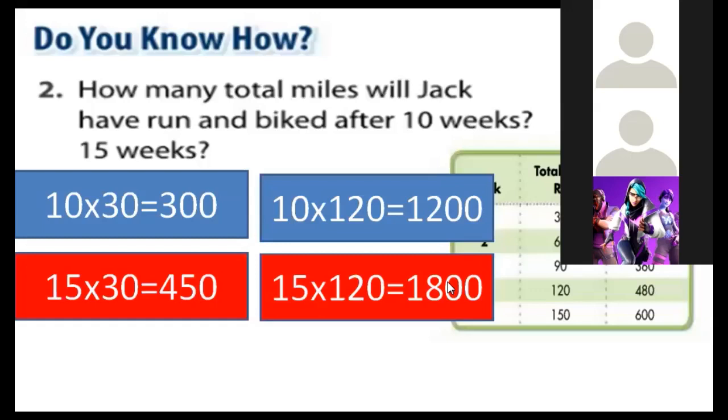Am I right? Yes. This is how to use addition. But in this question, he asks you, how many total miles will Jack have run and bike after 10 weeks? You are going to repeat add 30, add 30, add 30 after 10 times. So easily multiply 30 by 10. You get it now? Yes. Thank you. Okay, my dear, you are welcome.